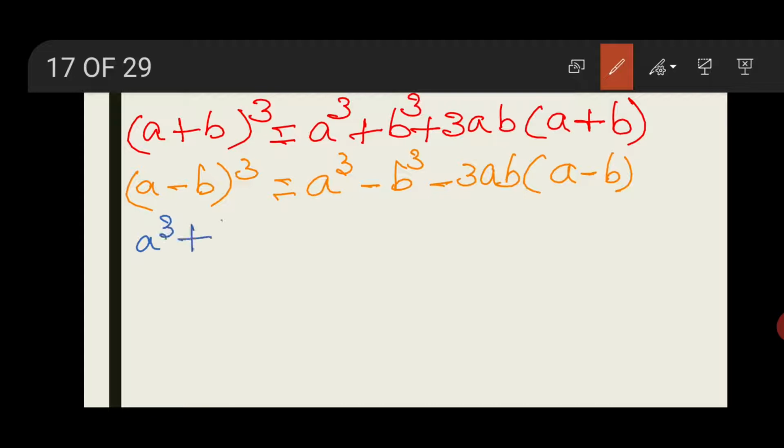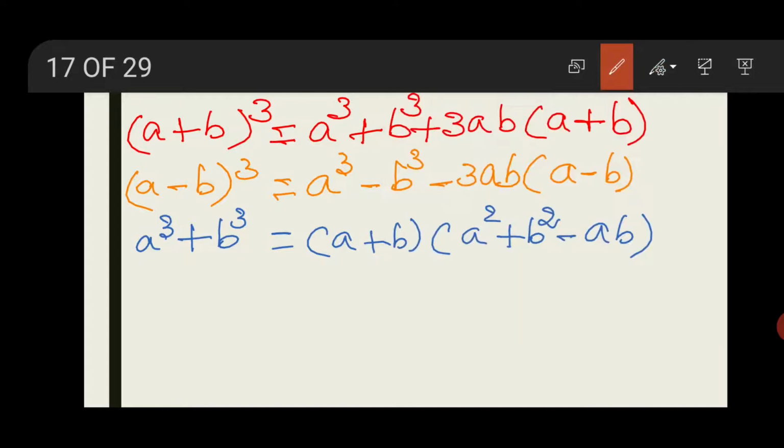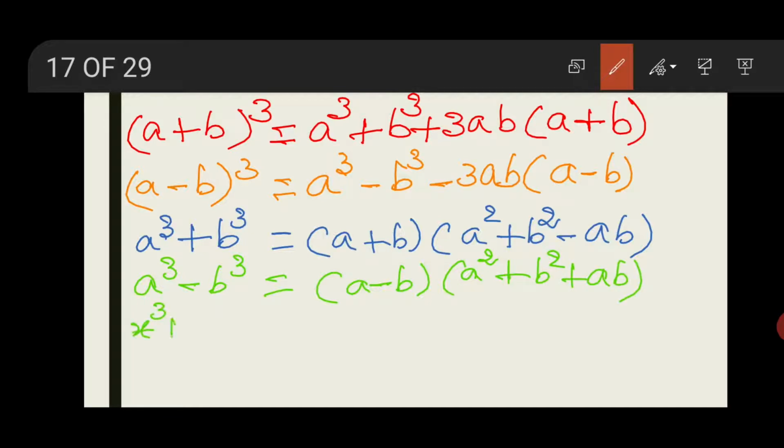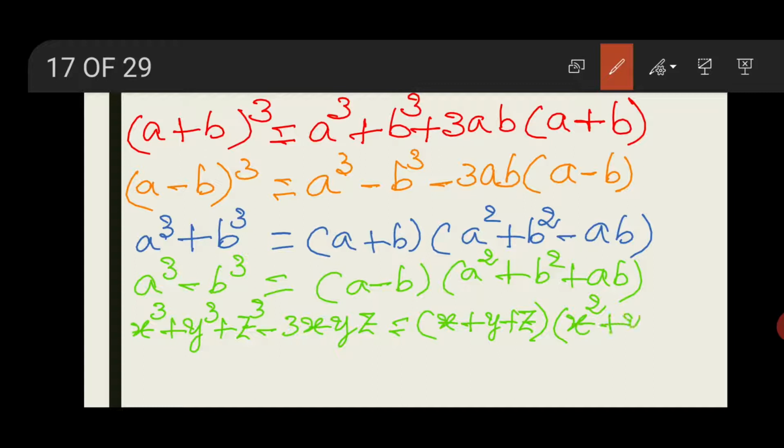a cube plus b cube is equal to (a plus b) into (a square plus b square minus ab). a cube minus b cube is equal to (a minus b) into (a square plus b square plus ab), and also x cube plus y cube plus z cube minus 3xyz is equal to (x plus y plus z) into (x square plus y square plus z square minus xy minus yz minus zx).